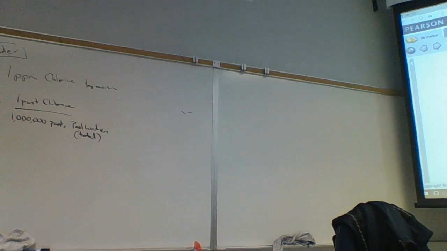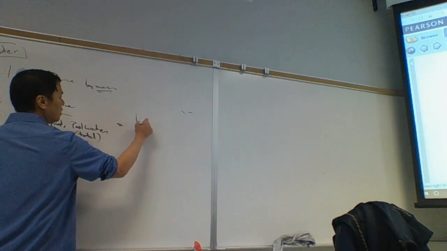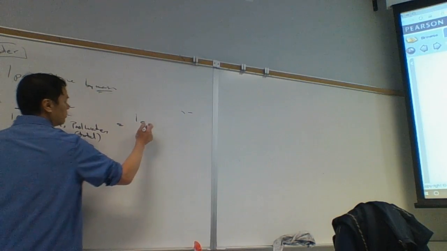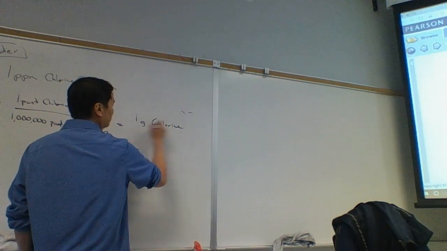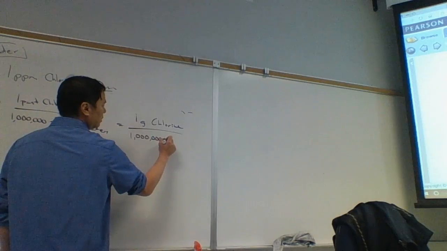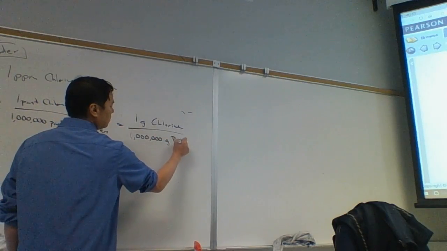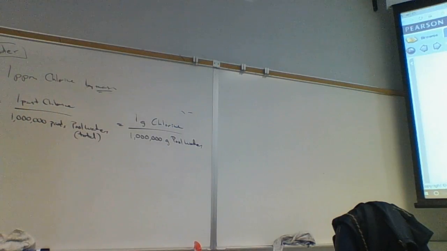This is per 100 parts total for the other one, so we talked about this before. And so this is going to be in terms of grams. The parts are by mass. And so we could say 1 gram, or we could say 1 pound, or whatever we want. 1 gram of chlorine has to be contained within 1 million grams of pool water. And so we want 1 gram of pure chlorine in there, whatever we got.